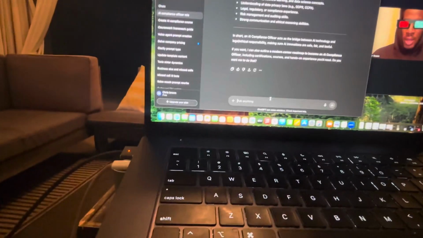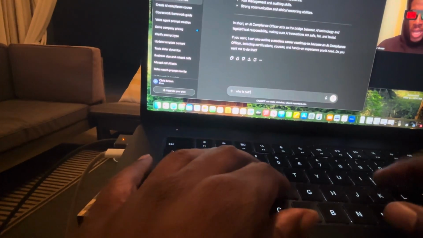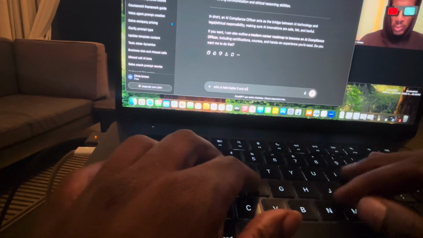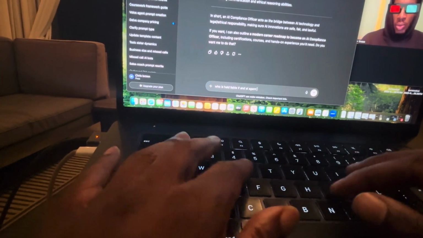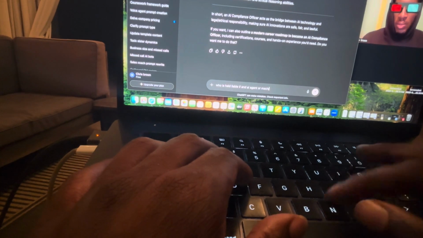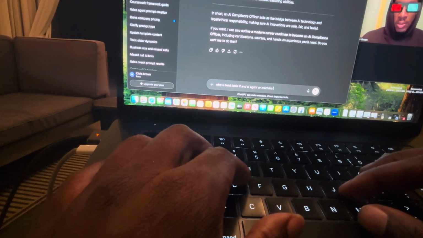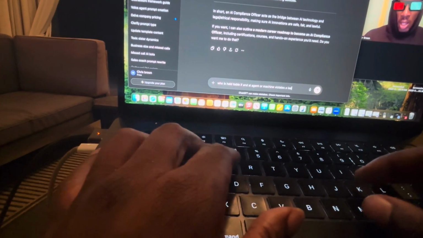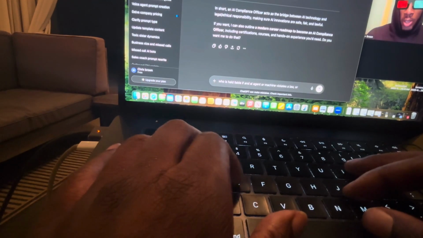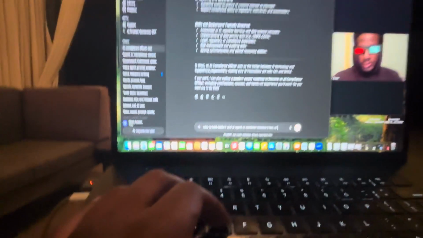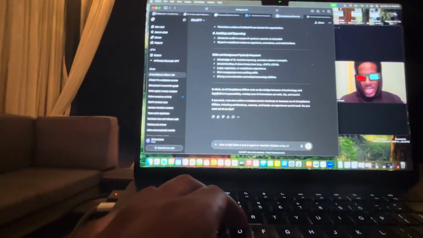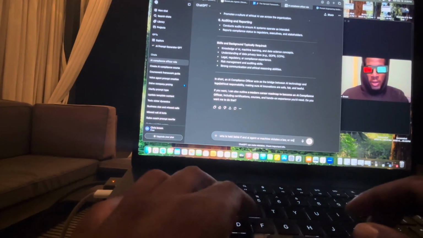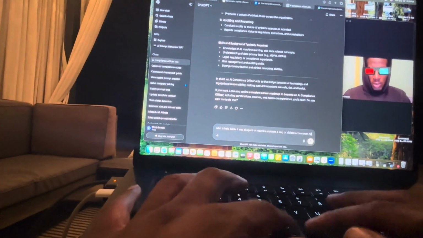So if I say, who is held liable if an AI agent or machine violates a law or violates consumer rights.